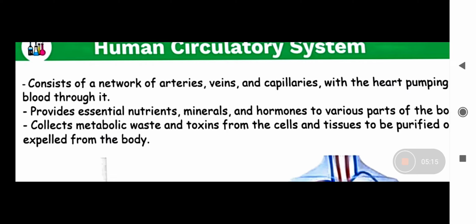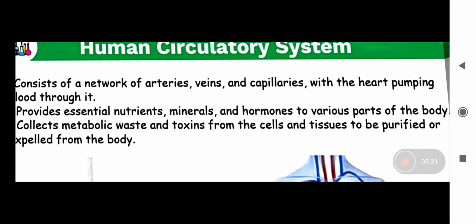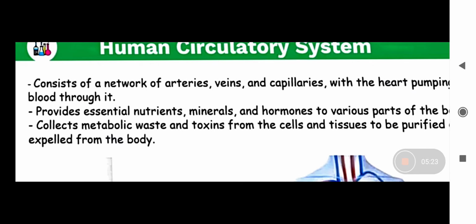There are three types: arteries, veins, and capillaries. We have the heart to pump the blood. It provides essential nutrients, minerals, and hormones to various parts of our body, and it also collects the waste and toxins from the cells and tissues to be purified and expelled from the body.